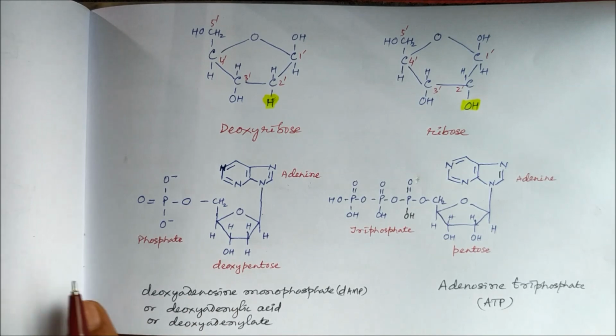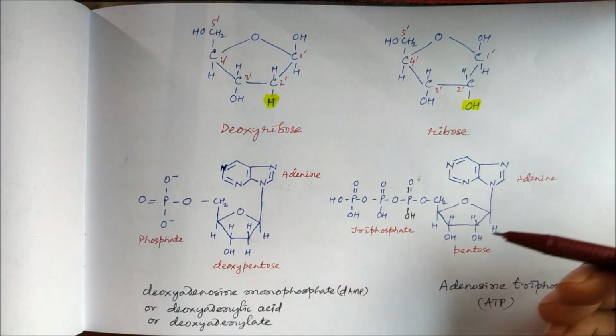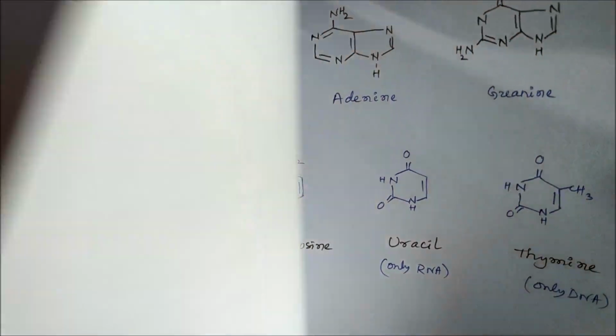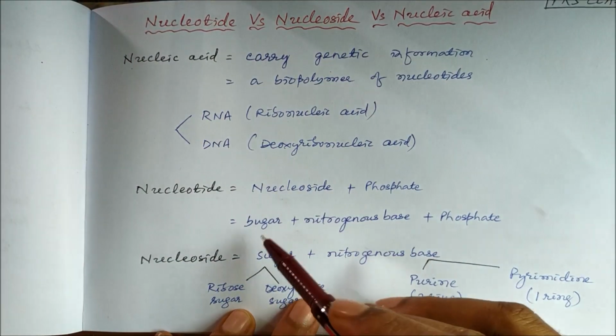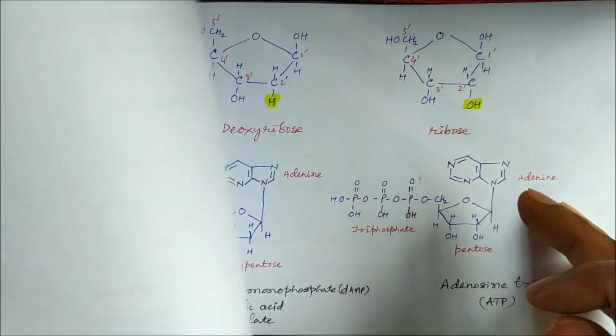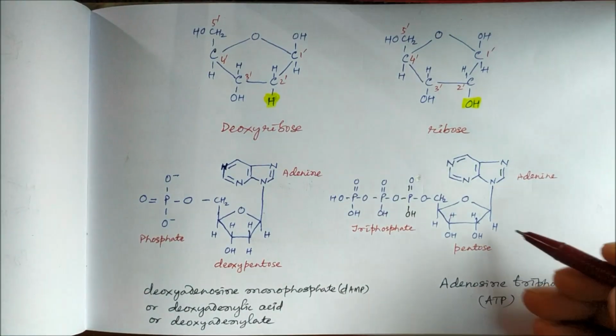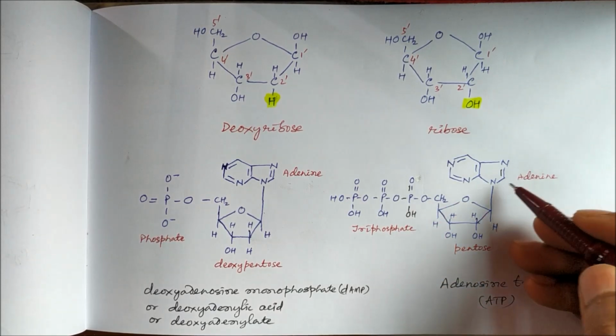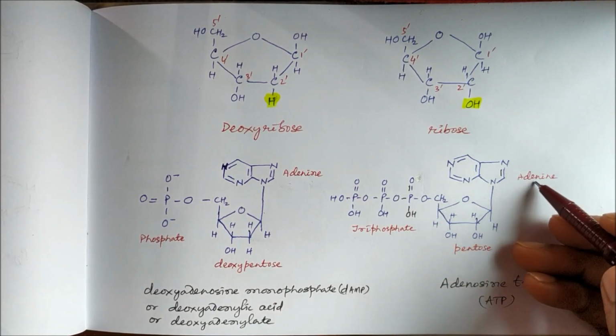Let us see one example. As we discussed, the nucleotide is a combination of sugar, nitrogenous base and phosphate. So let us see here. In this case, this is a pentose sugar, the ribose sugar, and the base is adenine.